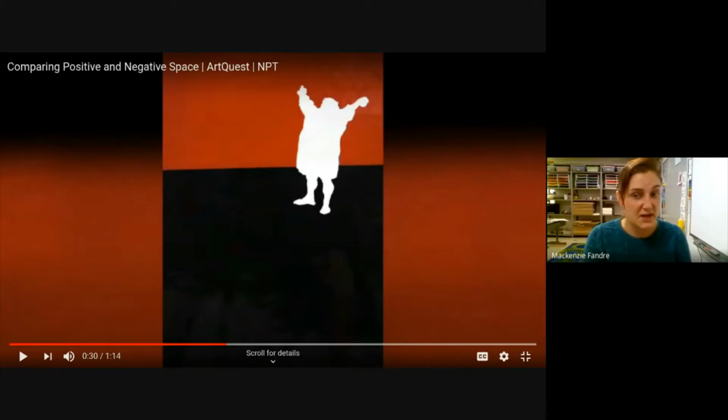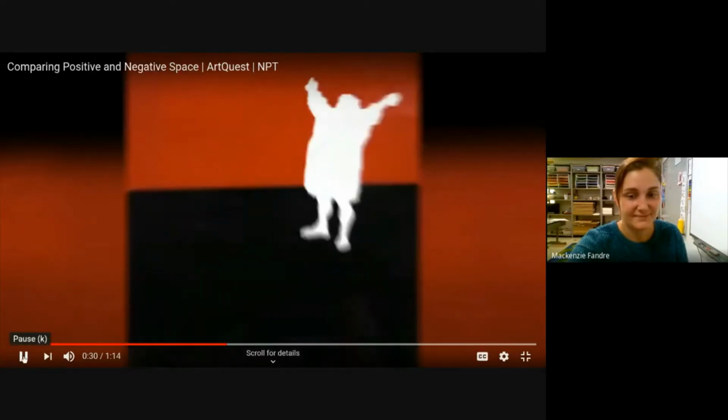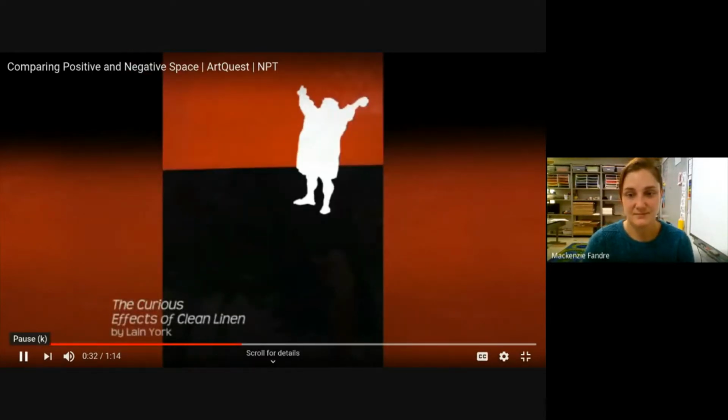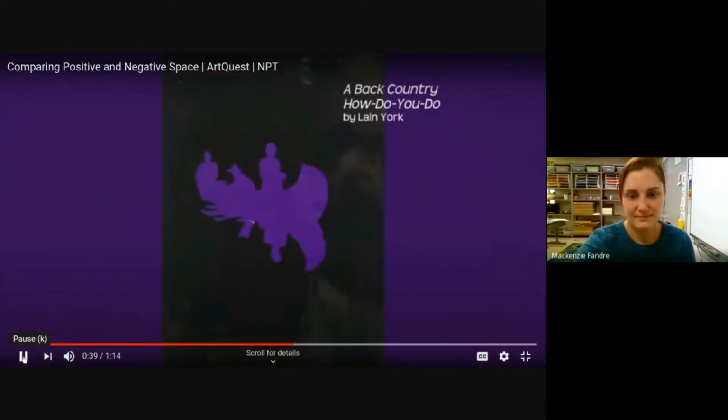So if you look at this one here, can you guess what the positive shape is? And what's the negative space? In the curious effects of clean linen, the man stretching is the positive space. And everything around him is the negative space. In a bad country, how do you... Ooh, this one's kind of tricky. Can you tell what that's a picture of? It's a little tricky because if you look closely, it's actually a canoe, people in the canoe with a dog, and below it is the reflection in the water.